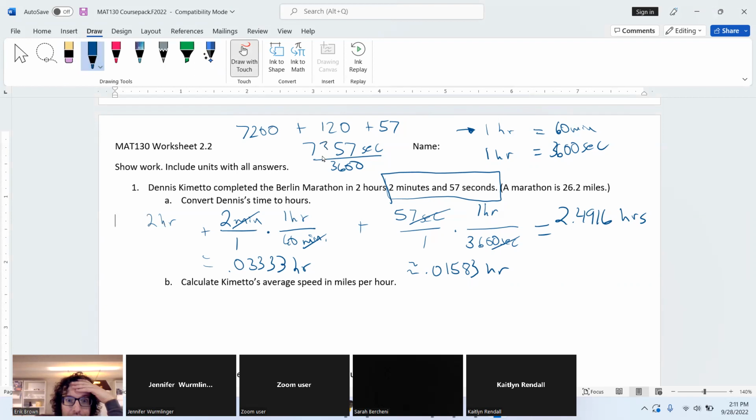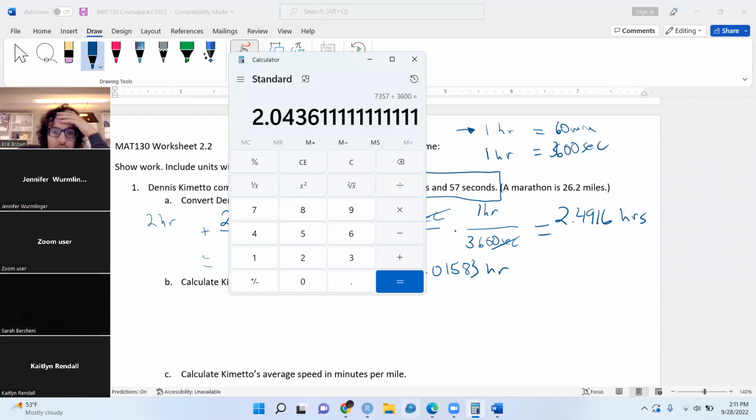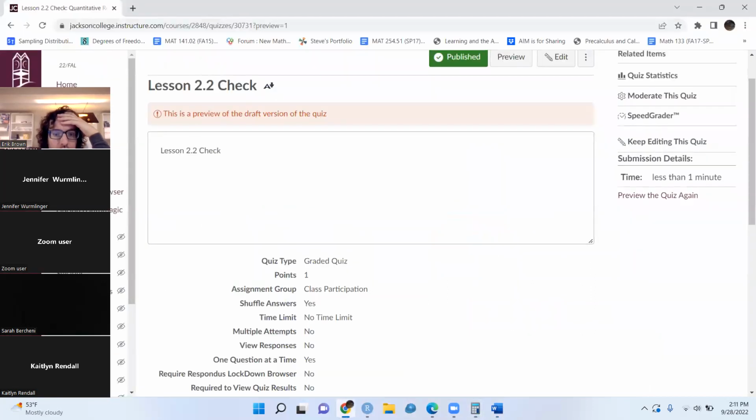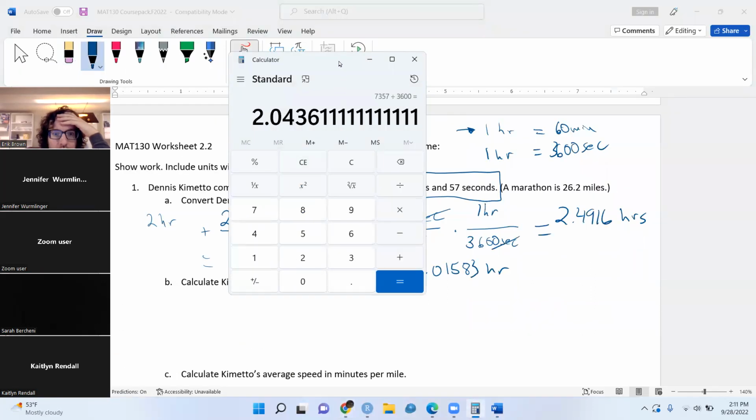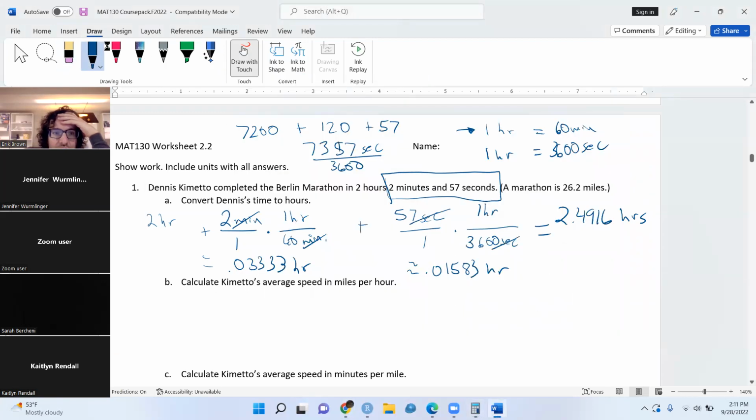That's because I can't count. Okay. 7357 divided by 3,600. There we go. 2.0436111. Seriously, what did I do? It should be 7377 divided by that, I believe.